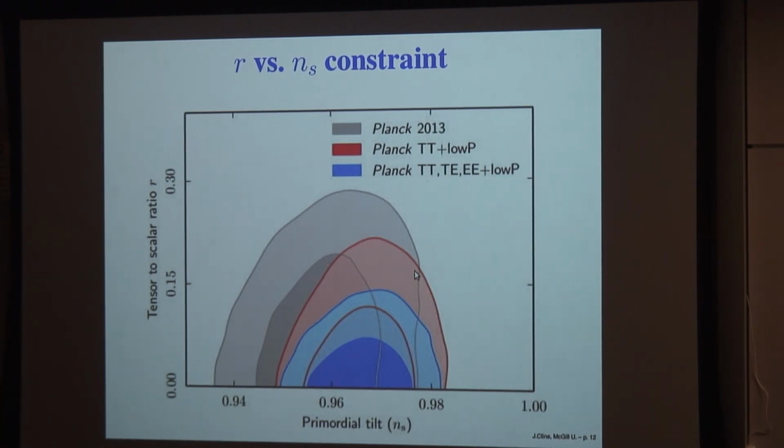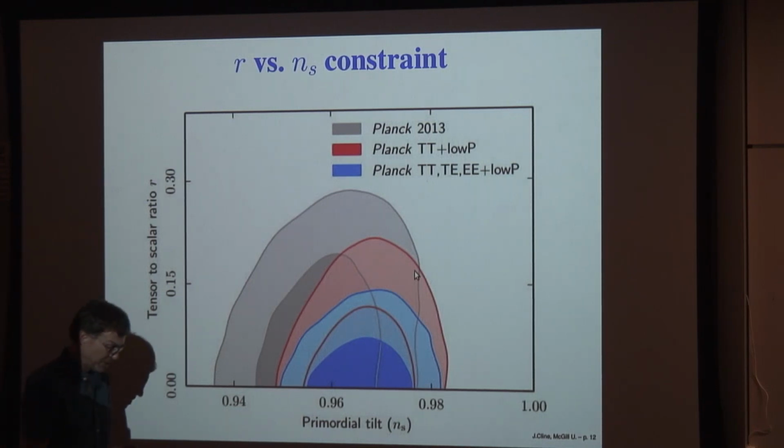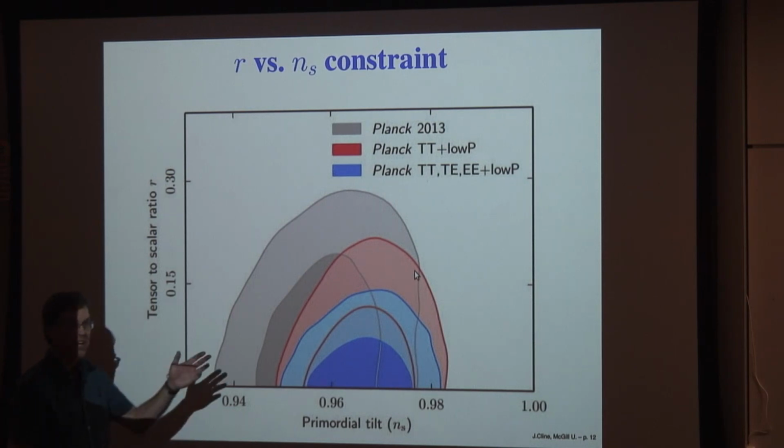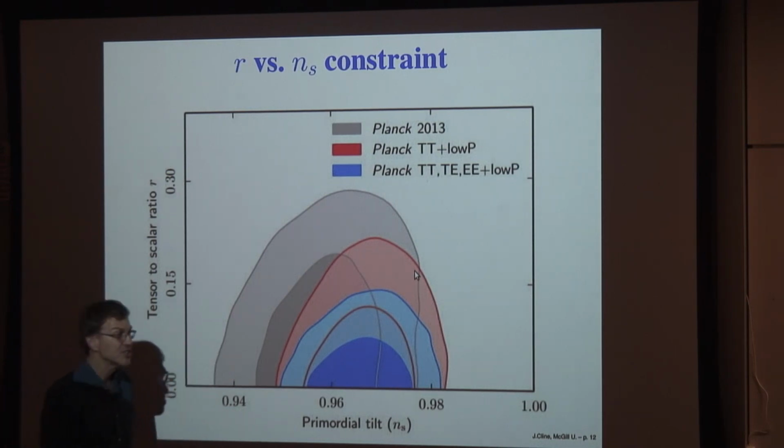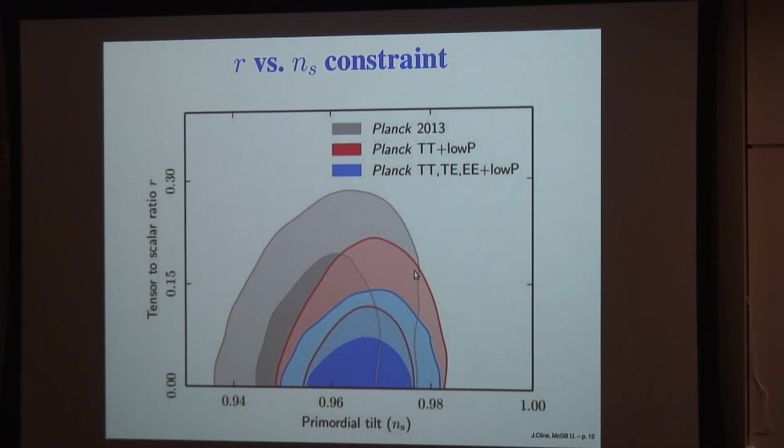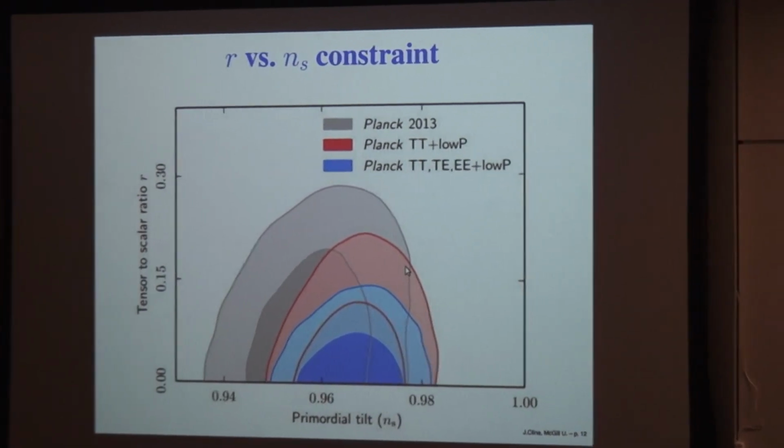And the various ellipses here are what you get from, you see, you get less constraining power if you only look at the temperature fluctuations by themselves. But if you look at temperature combined with this E-mode polarization, then you get stronger constraints. And so now it'll be interesting to see how the model predictions fit onto this picture. And I think that's what I want to get into next.